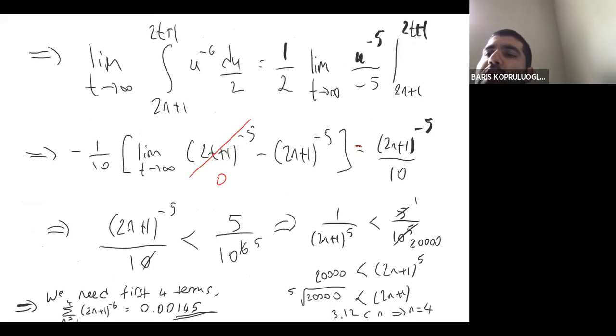If you solve it for n, you'll see n should be greater than 3.12, so n should be at least 4. So you need 4 terms to have an approximation that is correct to 5 decimal places.